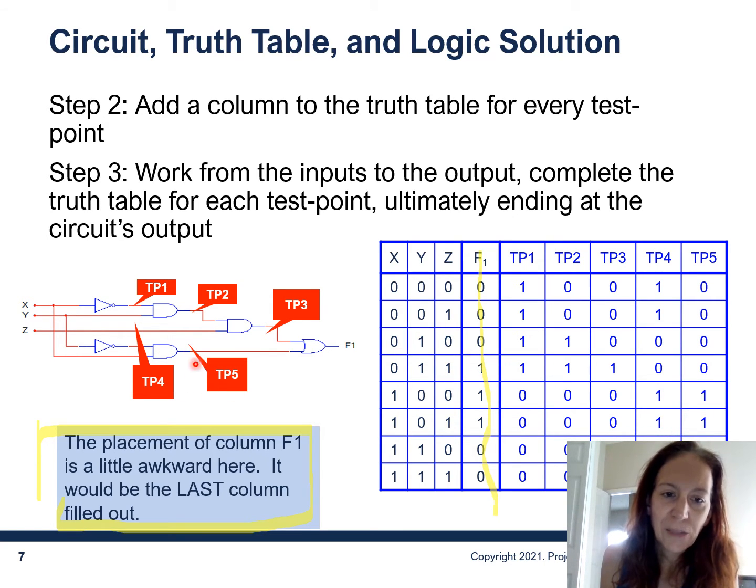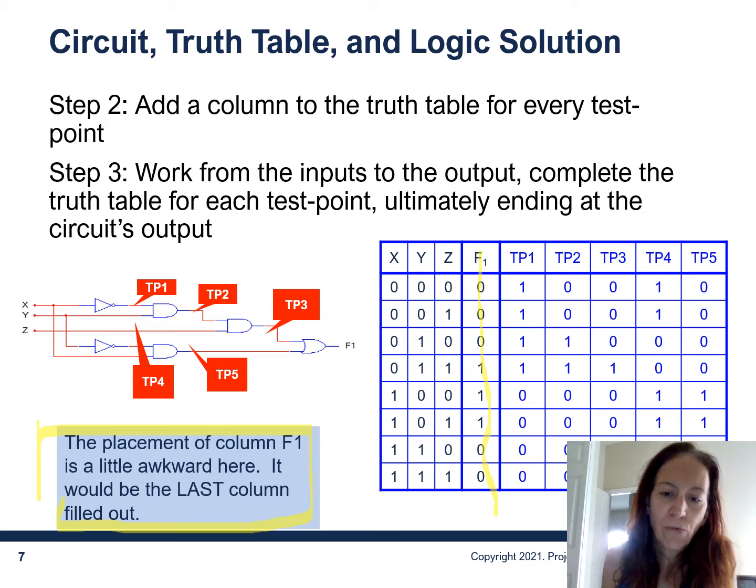So now let's look at test point 5, which is the output of this AND gate. One input is the output of TP4, and the other input is coming over here from X. Now, it's an AND gate, so as long as one of the inputs is low, the output of the AND gate is going to be low.